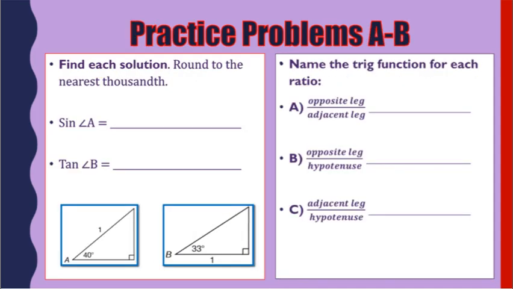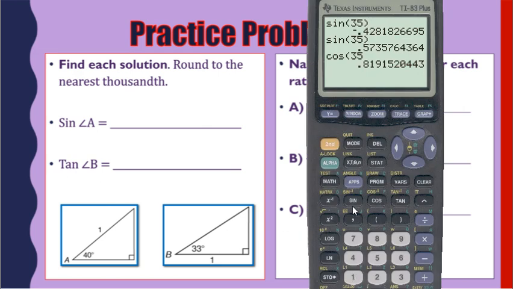Practice problems A and B. Find each solution round to the nearest thousandth. That means 3 decimal places. So sine of angle A. So I'll grab my calculator again. Do sine, angle A right here is 40.